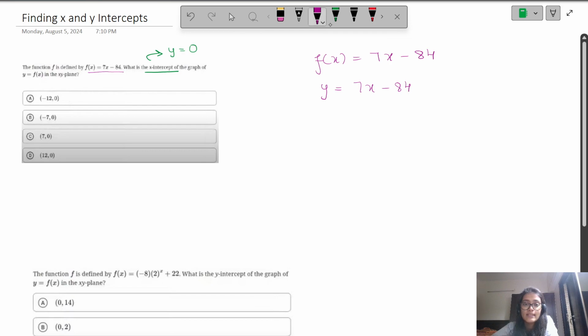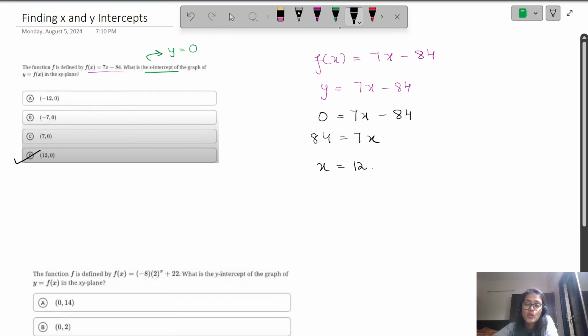We put y is equal to 0, so 0 is equal to 7x minus 84. So 84 is equal to 7x, and that means x is equal to 12. So the x-intercept will be (12, 0), so option D is correct.